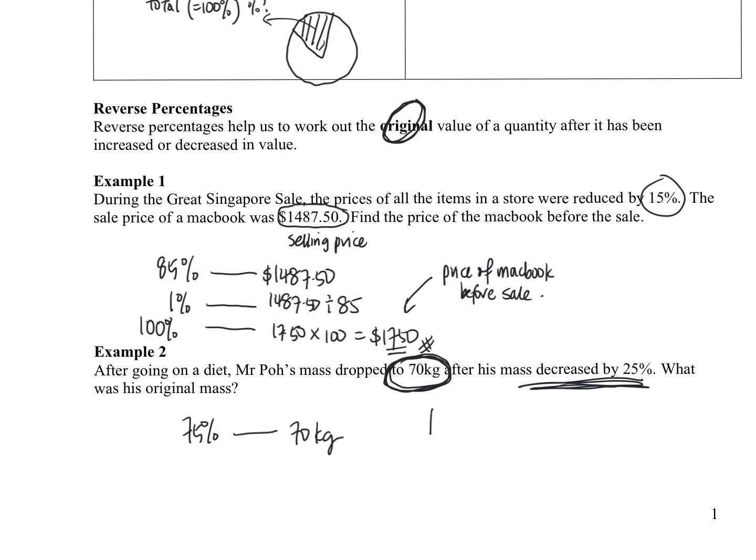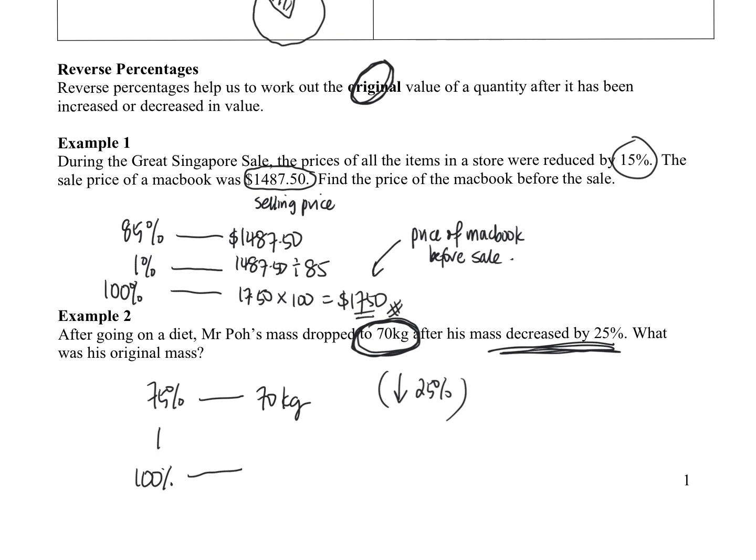This is after the drop of 25%. So of course, I want to find out what was his original mass. Go and find 1%, then go and find 100%. Not a perfect answer, but if you want to leave it like this, then it's exact.